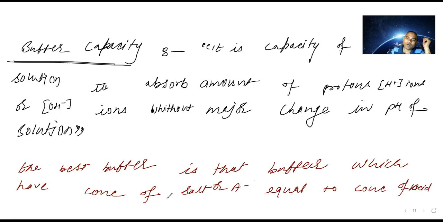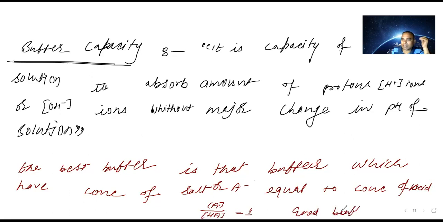If both are the same, suppose I am writing A minus upon HA, A minus upon HA is going to be 1. So it is going to be a good buffer.